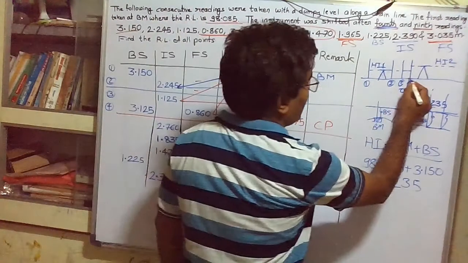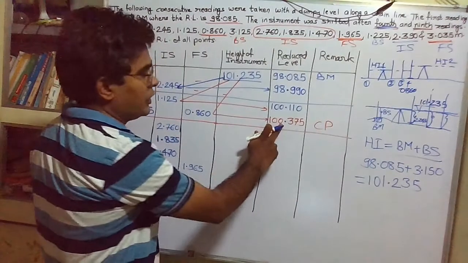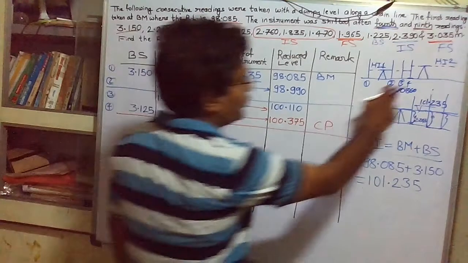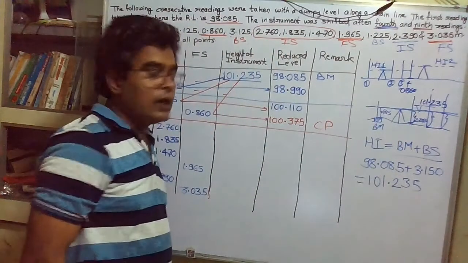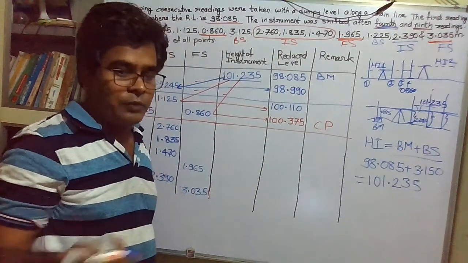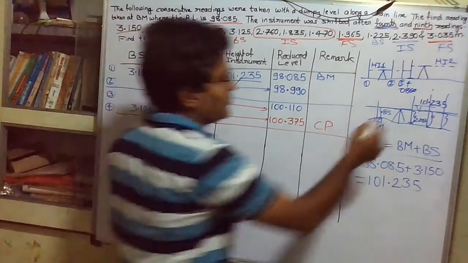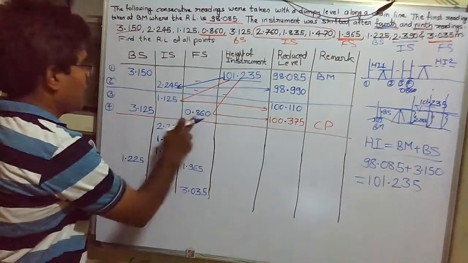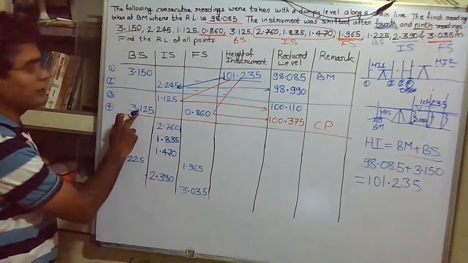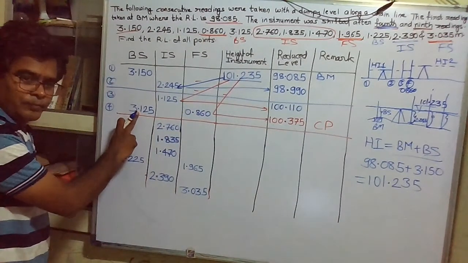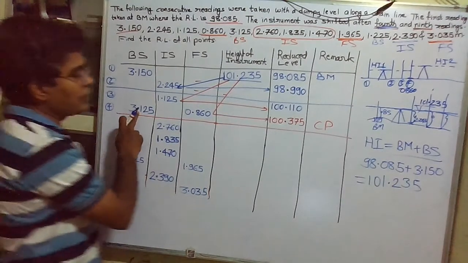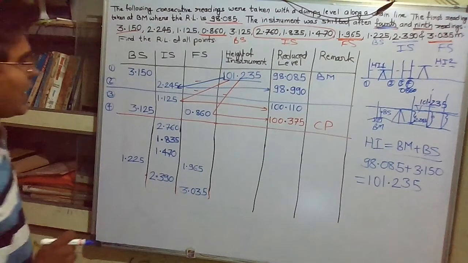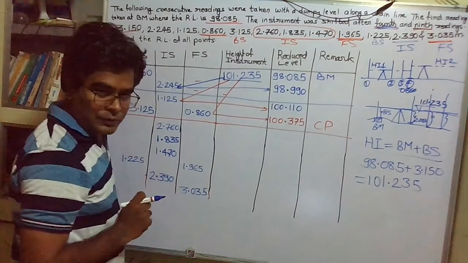Now we got the RL of this fourth point, 100.375, and this is our point of known RL, and we always take the first reading of the new setup at the same point, that is at point 4 only. We have taken the backsight reading at this point 4 only. So here we get the new height of instrument. How do we get the new height of instrument?